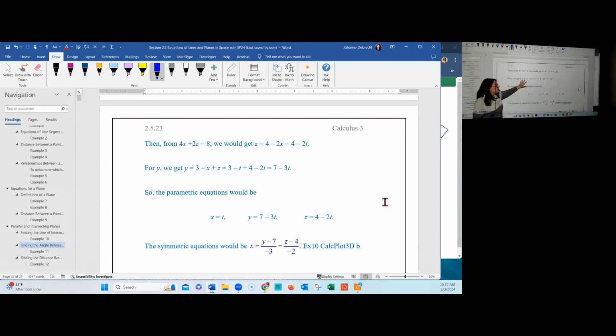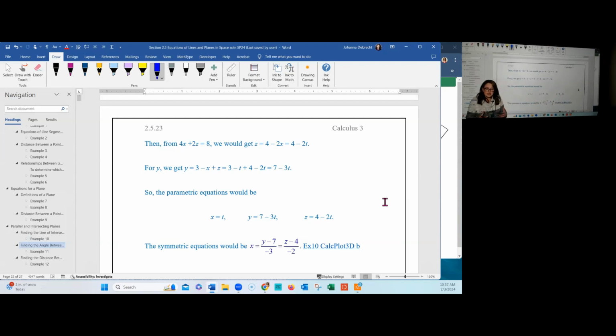Then we take one of the equations of the line, and we replace the variable z with its expression in terms of x, and we get something for y in terms of x, 7 minus 3x, or if x is t, 7 minus 3t. And then we have x is t, 7 minus 3t, and 4 minus 2t. And then we would graph that.